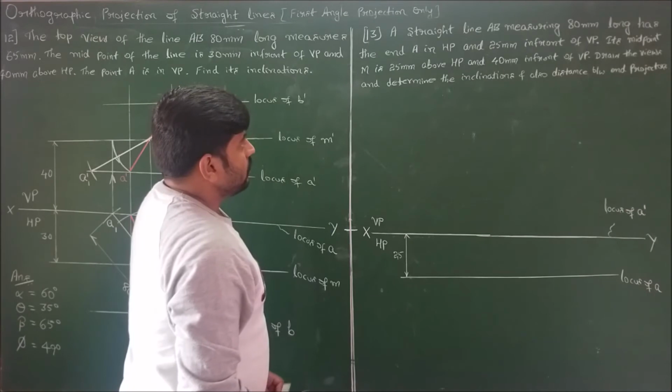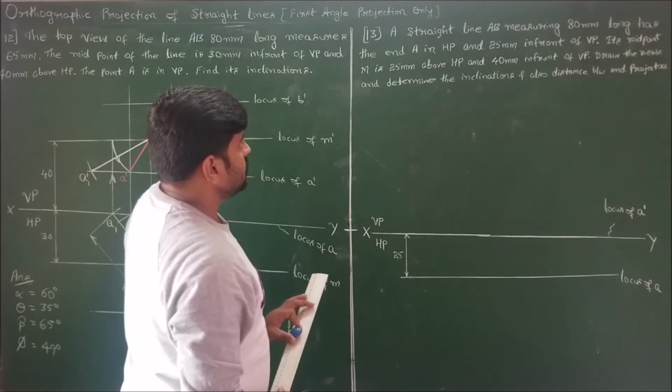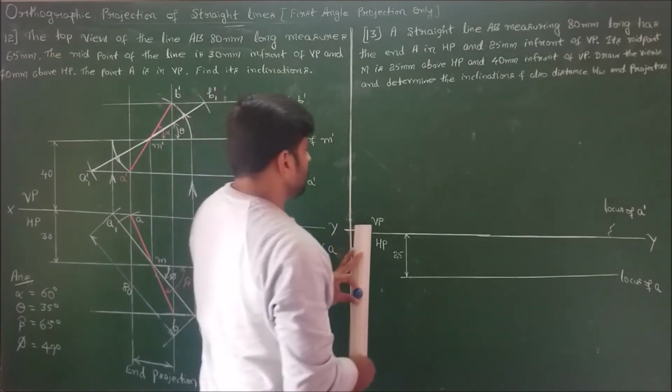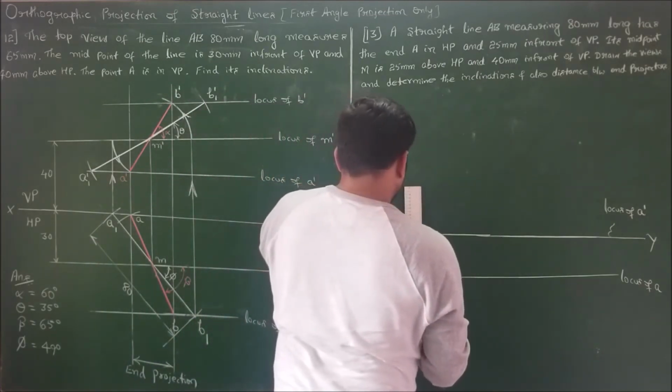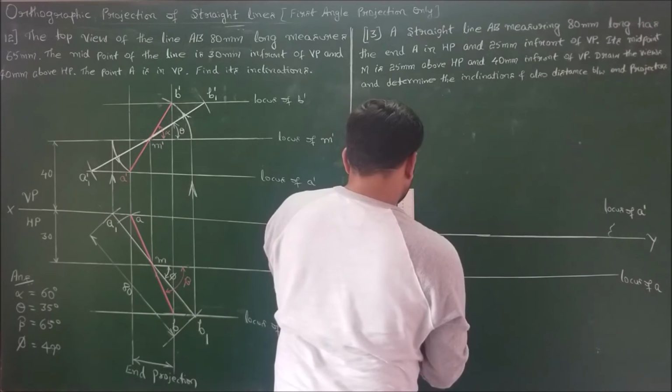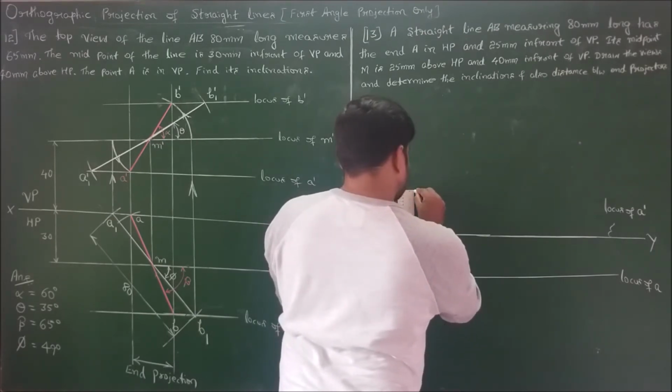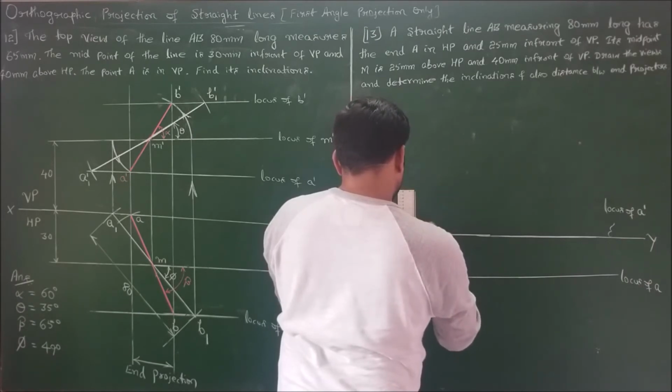Now I want to fix the locus of M and M dash, which is very important. He's stating that M is 25 mm above HP. So therefore mark 25 mm above HP, which gives us the locus of M dash.